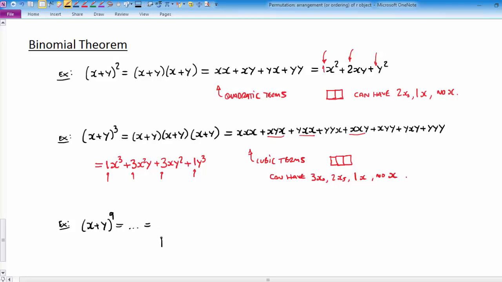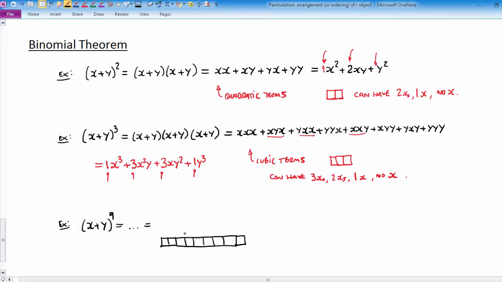So you will have 9 slots. Each term will be a mix of x's and y's. And so you could have all of the slots with x's, or all of the slots with y's, or some of them with x's and some with y's.